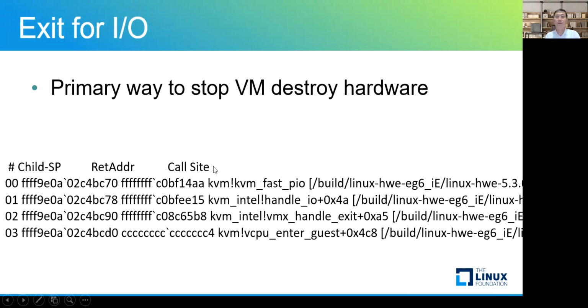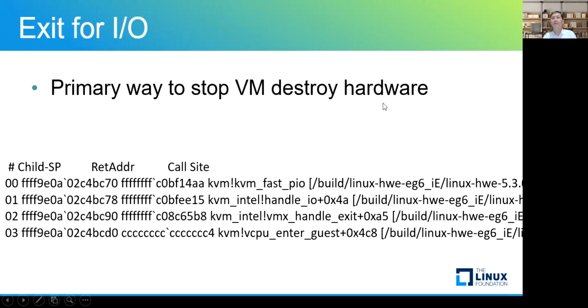One typical reason is I/O access. I think this is also the primary way to stop a VM from destroying hardware. In a VM environment, there are several VMs. They may share one real device.